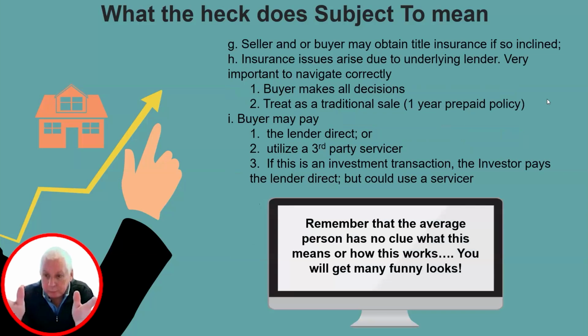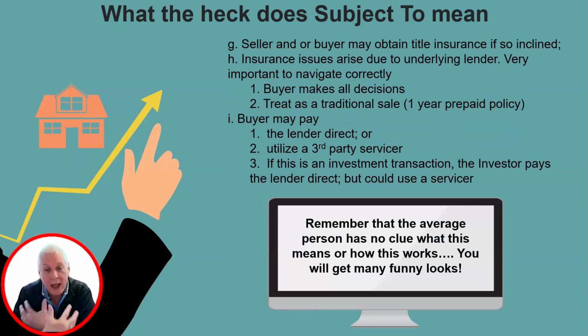Again, when we're buying a home subject to, the seller and or the buyer could get title insurance if they're so inclined to get it. It is available. One of the most important things in the sub-to business is understanding how to navigate insurance, because when you change an insurance policy, this is what puts a lender on notice that there has possibly been a change of ownership.